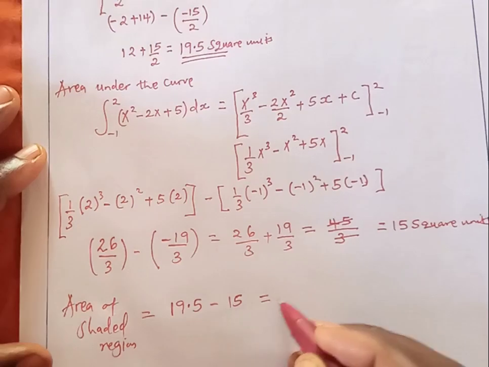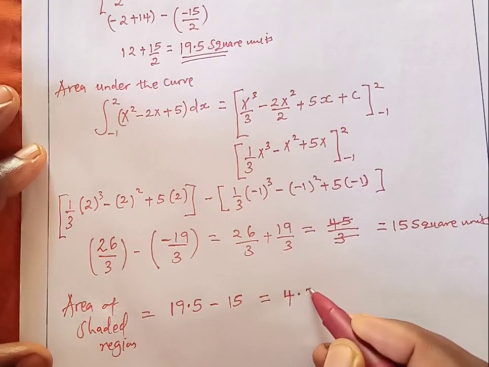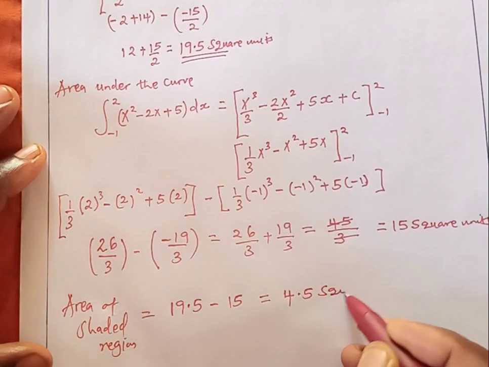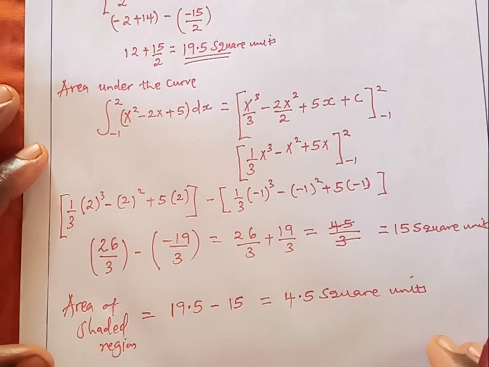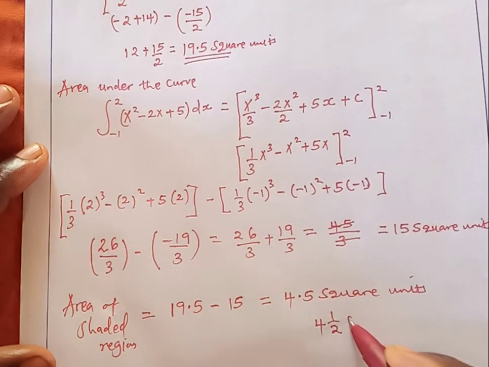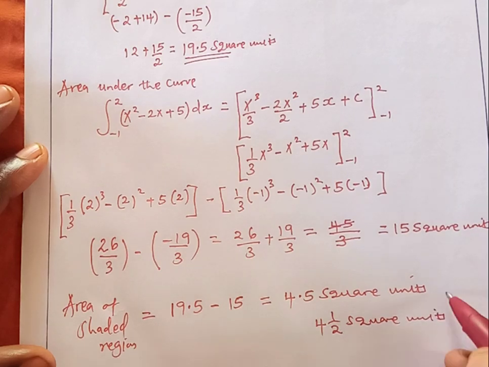If you take this away, you get 4.5 square units. All these answers are the same.